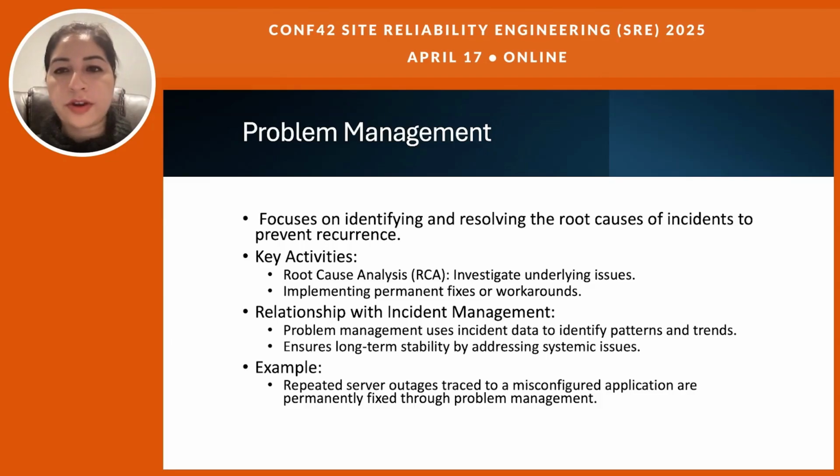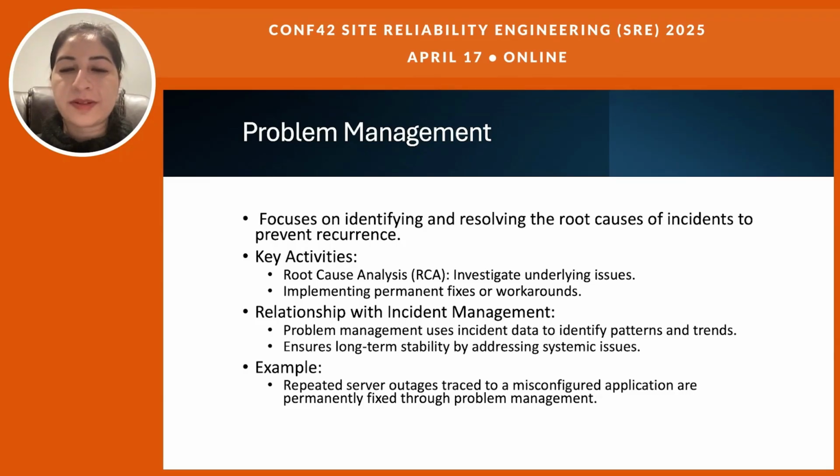Now you might wonder, how does problem management relate to incident management? The two processes are closely intertwined. Problem management uses data from incidents, patterns, trends, and recurring issues to identify systemic problems that need addressing.